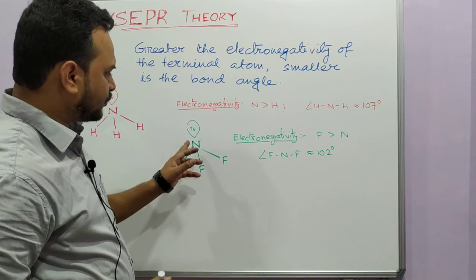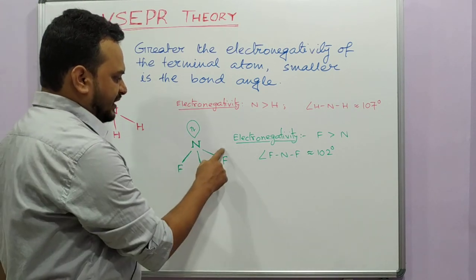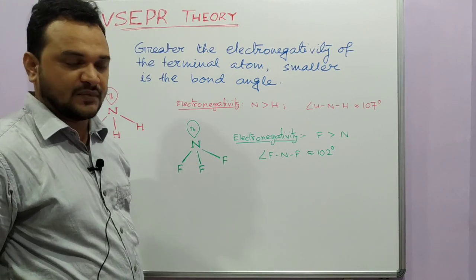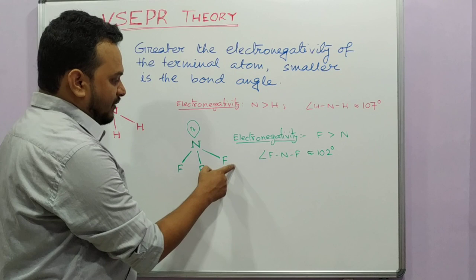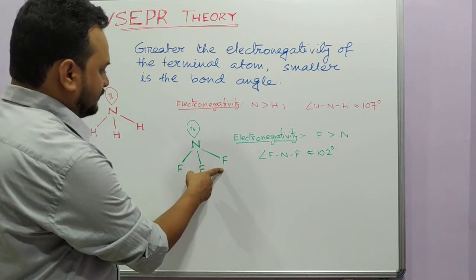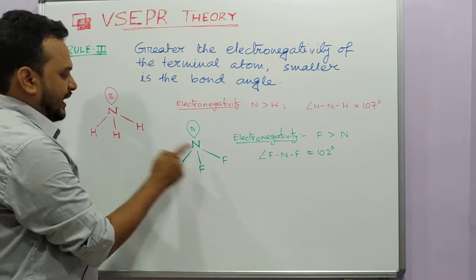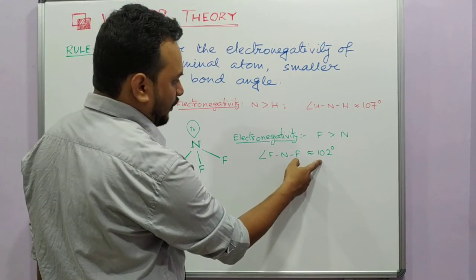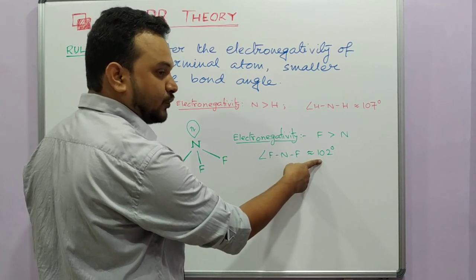But when you come to NF3, F is the most electronegative atom in the periodic table, right? So you have increased the electronegativity of the terminal atom by a huge value from hydrogen to fluorine, and as a result the bond angle further decreases to 102 degrees.